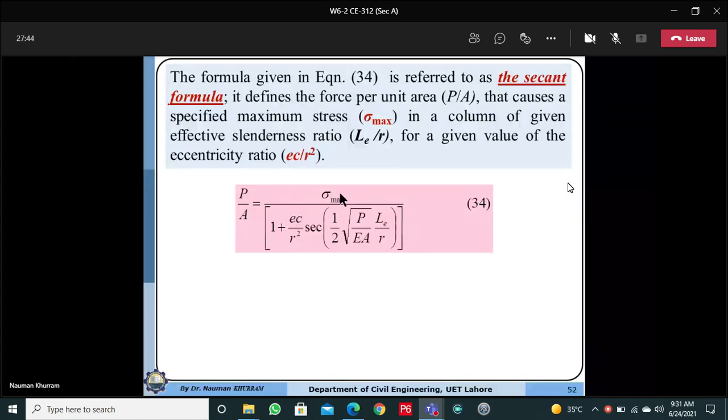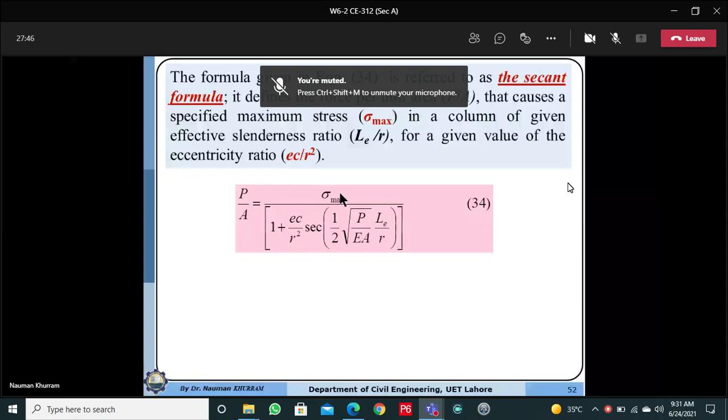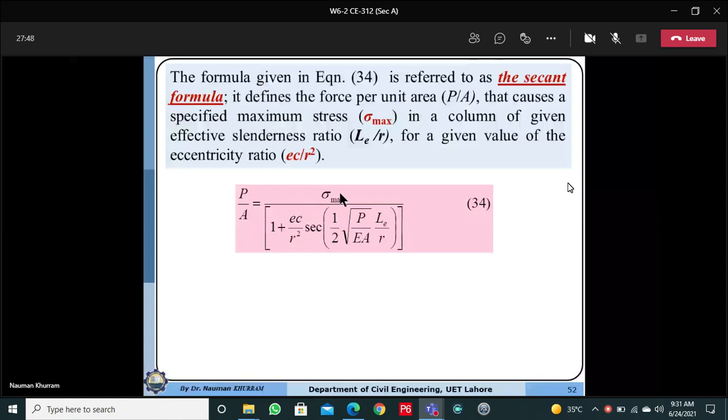So it means that with the increase of eccentricity, the applied stress may cause the yielding of the column, even though the applied stress may be much less than the yield value. So the expected failure will occur at a lesser applied stress value.